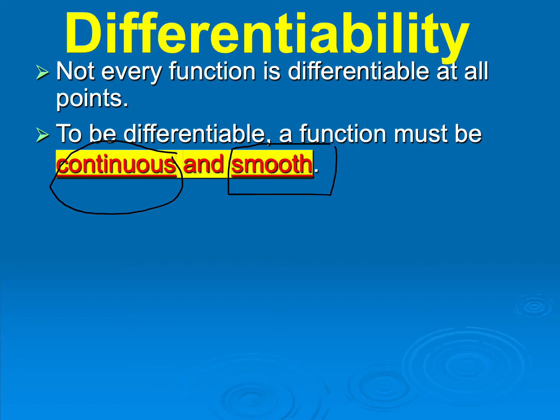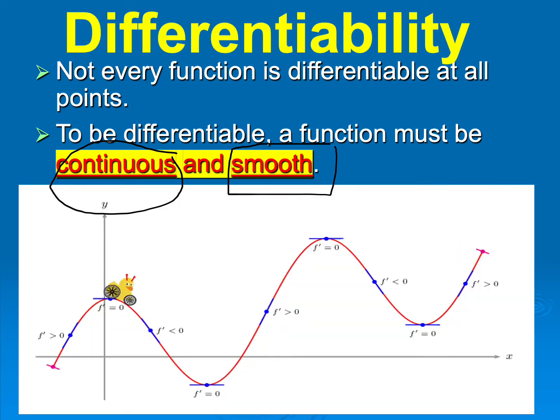If you look at this graph here, imagine you have a car. If your car can move smoothly on this curve, it means the function is differentiable. If there is, for example, a cut somewhere here, of course the car cannot continue, so the graph is not continuous, and by default it's not smooth.